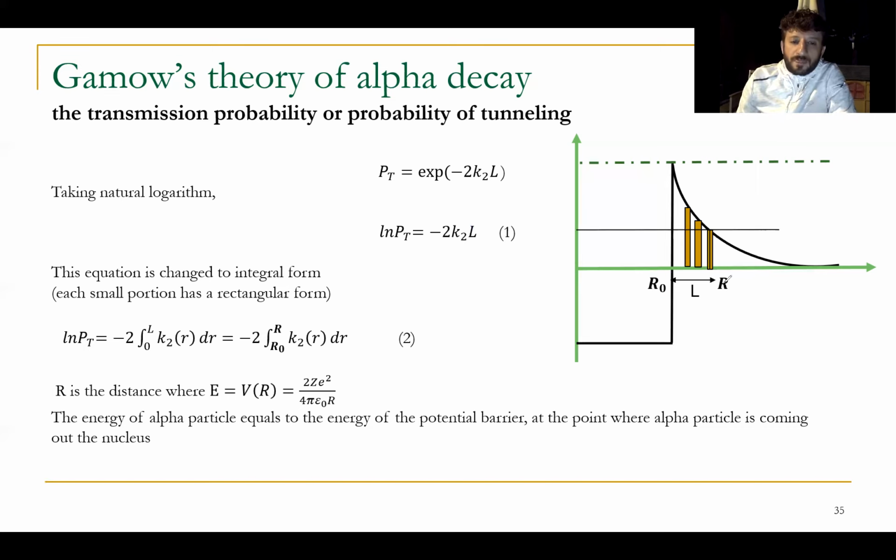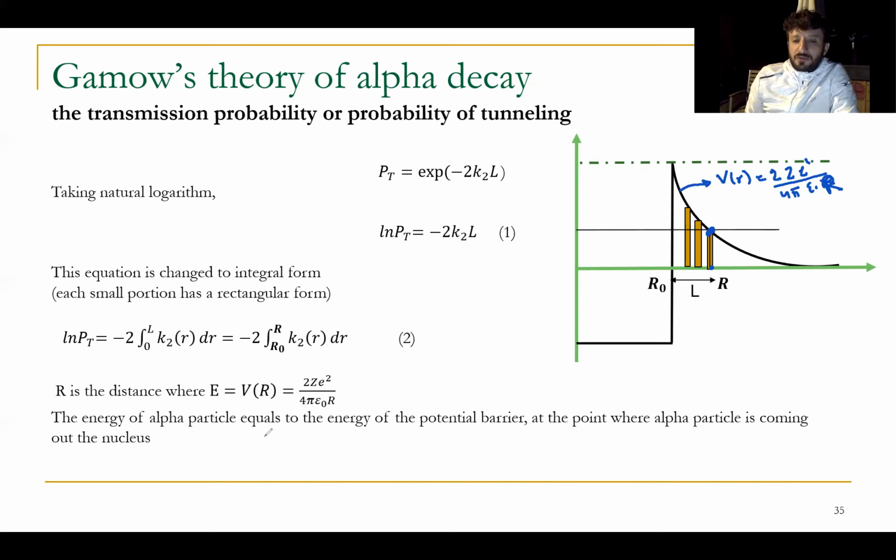First of all, V at this point, we have the equation of this curve, which is equal to 2Ze square divided by 4 pi epsilon 0 R. So V, we can put here capital R for this point.